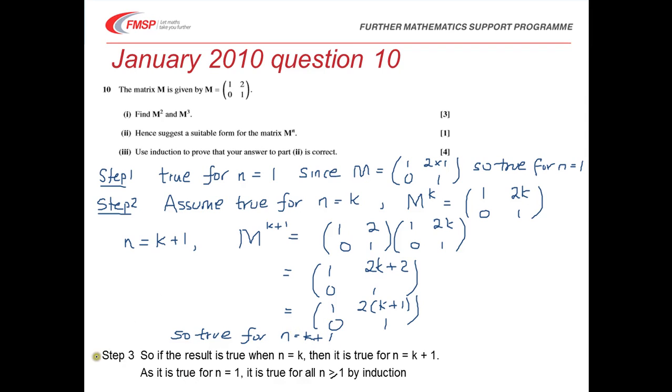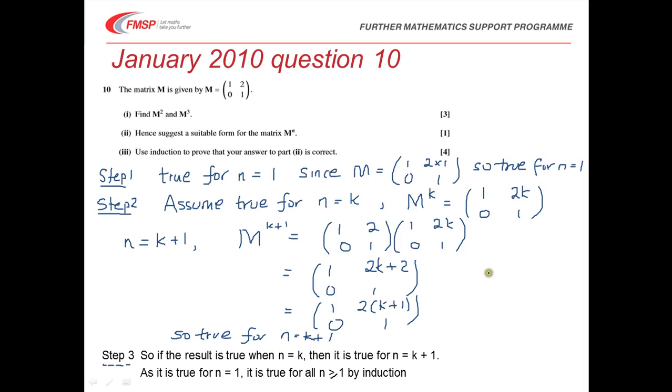And step 3, just as in the other questions, we need the conclusion. So I've written that out there. So in terms of the marks for this question, 4 marks. Again, you're going to get 1 mark for multiplying M to the k by M to get M to the k plus 1.